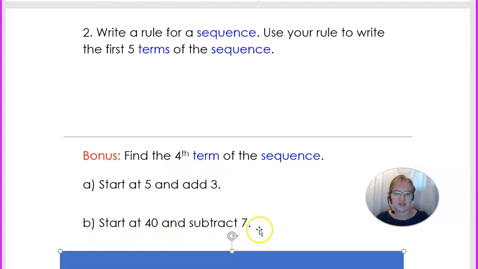Start at 40, subtract 7. You can pause the video and just see what you would come up with. So if you've done those 2 bonus challenge questions, then your answers there will be 14 for the first one and 19 for the second.